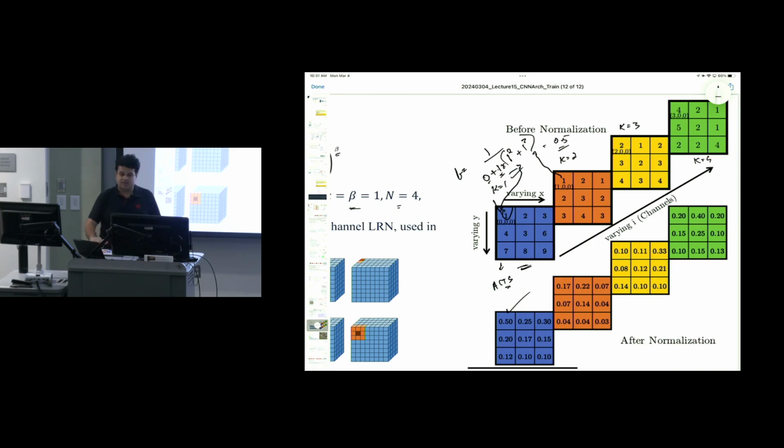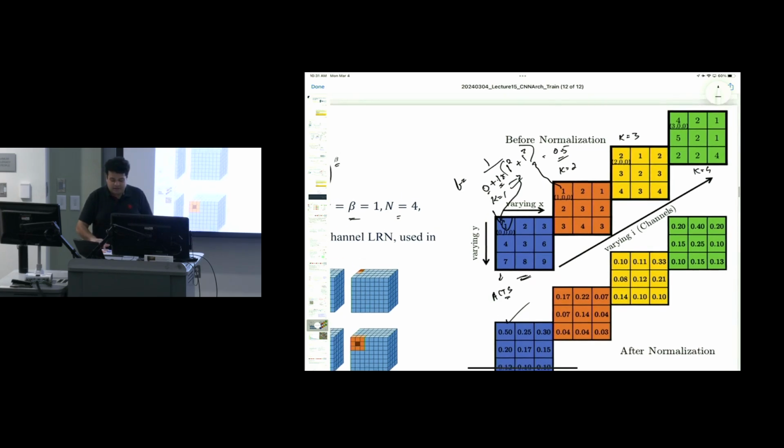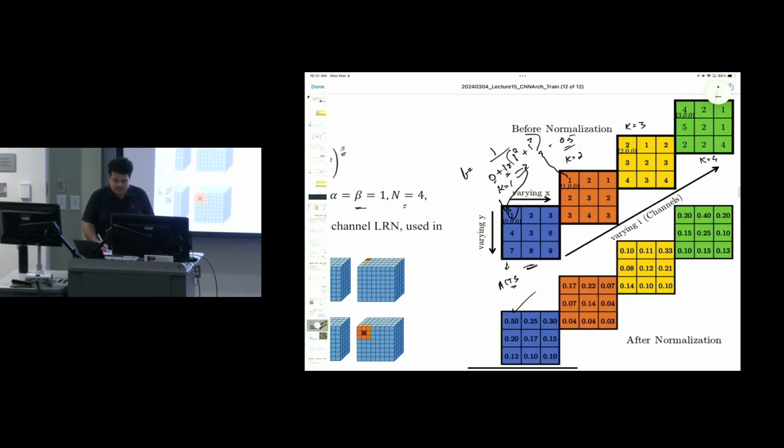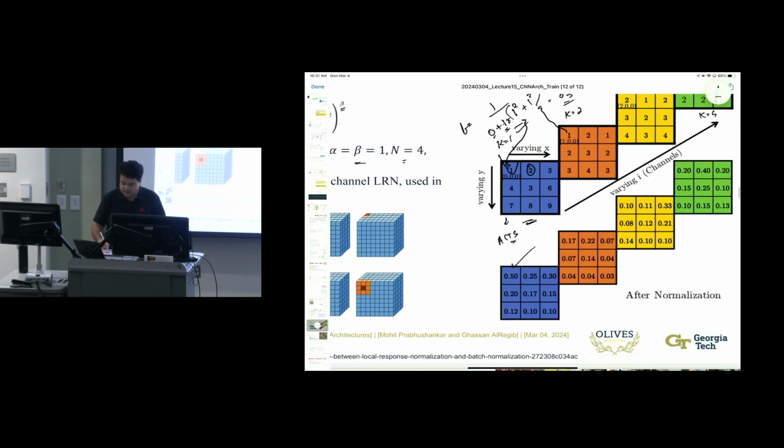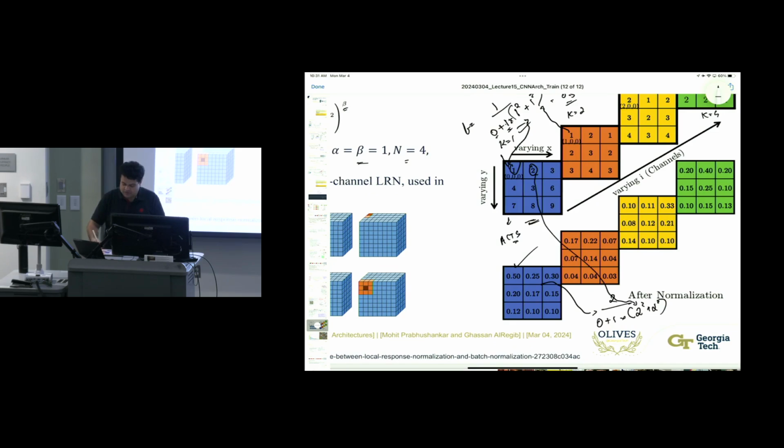Maybe I'll show another one, so that will become clearer. The next one is 2, element 2 over here. So if I want the normalized part of that, it's going to be 2 divided by 0 plus 1 multiplied by 2 square plus 2 square, which is given by this 2 square and 2 square, which is 2 divided by 4 plus 4, which is 8, which gives me 0.25.